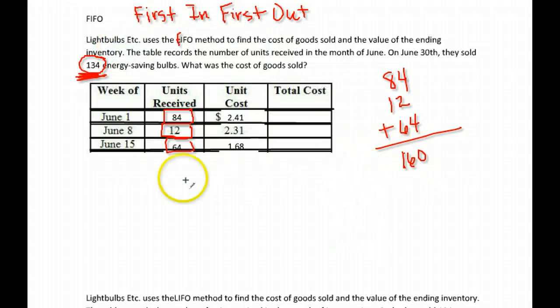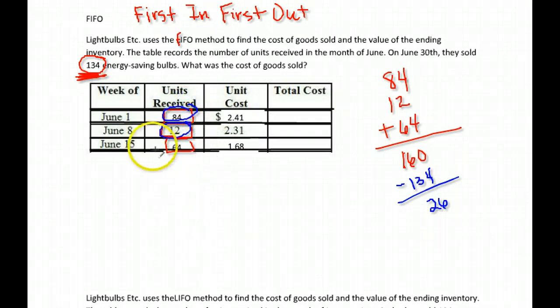We received 160, we sold 134 of those. So there were 26 left over. That means we sold the first 84 here, we sold these 12, and then in here we sold as many as we could but had 26 left over.